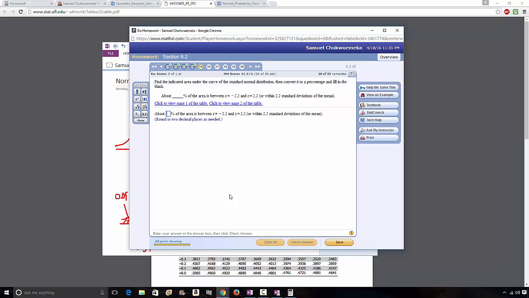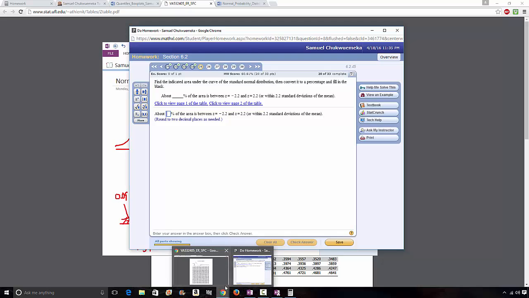Okay, question 25. It says, find the indicated area under the curve of the standard normal distribution, then convert it to a percentage and fill in the blank. About what percent of the area is between negative 2.2 and 2.2 standard deviations of the mean?